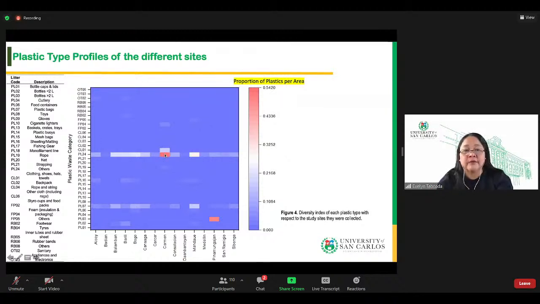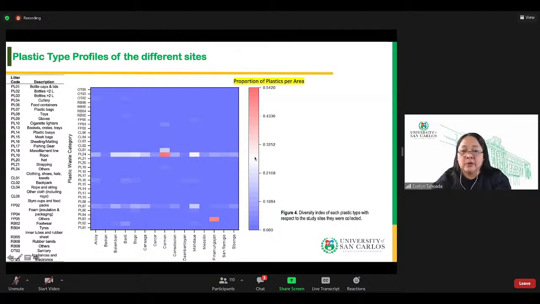So this is very high in Carmen. Then another one in the Pinamungahan area is also very high, but in terms of PL03. PL03 is about bottles. So it means that we can see a lot of plastic bottles greater than 2 liters in this area.